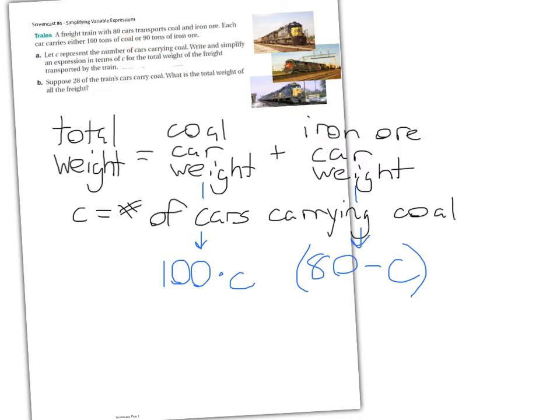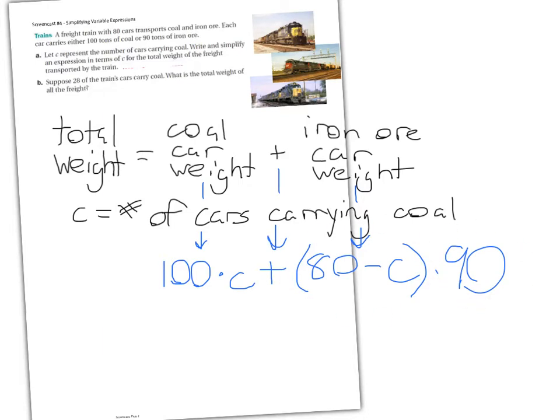So while this represents the number of iron ore cars, and each of those is 90 tons, then we also must multiply this by 90. So what we have here is the number of coal cars, C, multiplied by 100, plus, right? The plus sign carries down, the number of iron ore cars times 90.